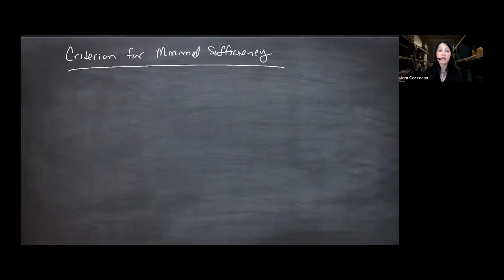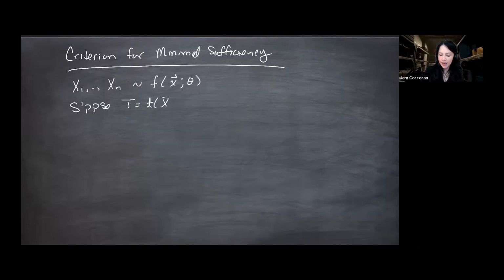So suppose we have X1 through Xn with a joint PDF f of the vector x and theta, which probably came from multiplying individual IID things together, but doesn't have to. And suppose that capital T, a function t of the capital X vector, is a statistic satisfying the following.